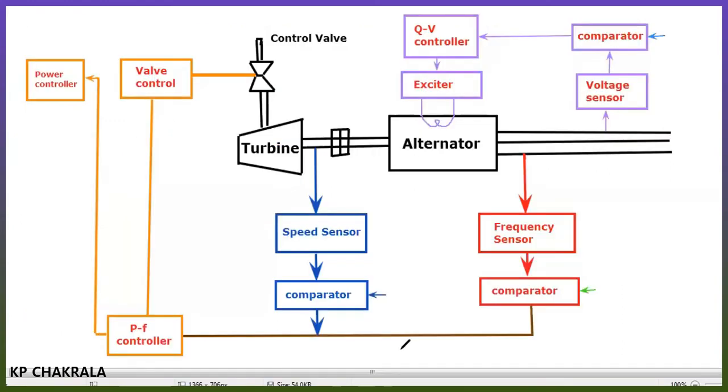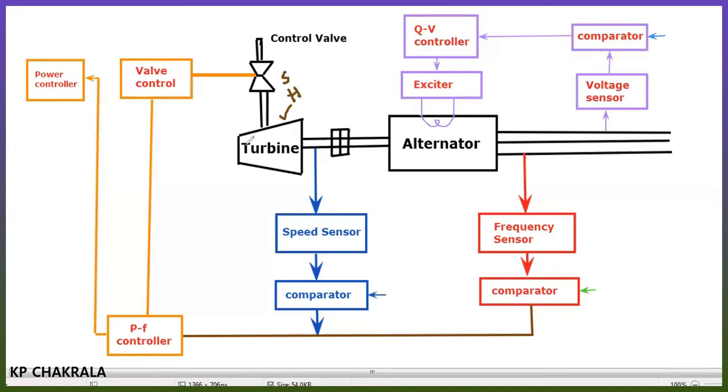This is the block diagram which combines the two control loops: the megawatt generation control loop and the excitation control loop. Here, this is the control valve. It controls the input to the turbine. The input to the turbine may be steam or water, depending upon the power plant.